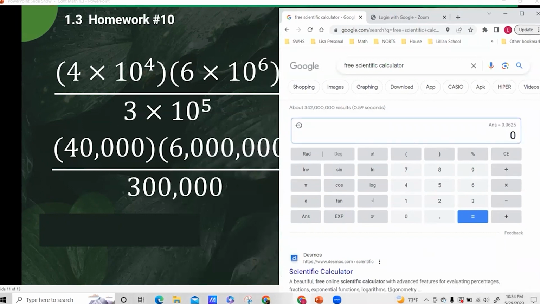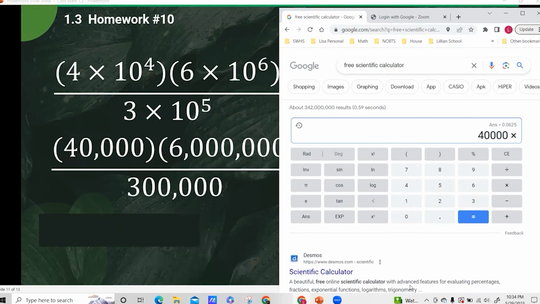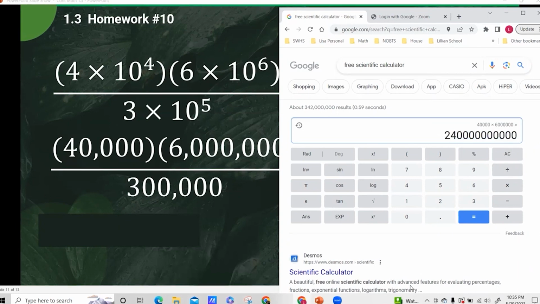So I'm going to clear that out and we're going to say 4 with 4 zeros, 1, 2, 3, 4, times 6 with 6 zeros, 1, 2, 3, 4, 5, 6. And then I'm going to go ahead and hit enter because that's my numerator. And that's a really big number. I really probably should write that down, but since it's in my calculator, I'm not going to worry about that. Okay, so that's your numerator.